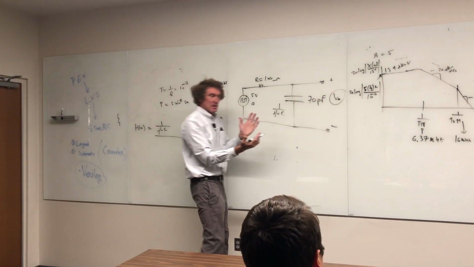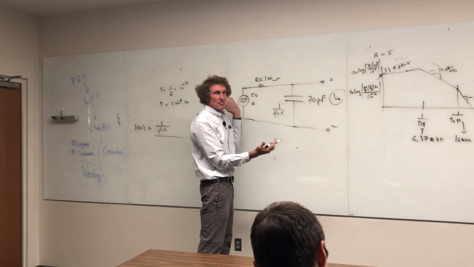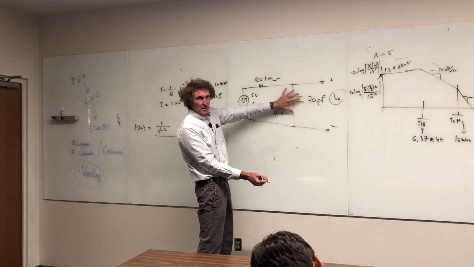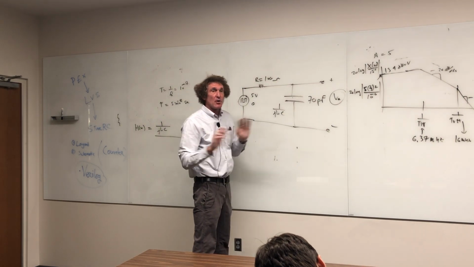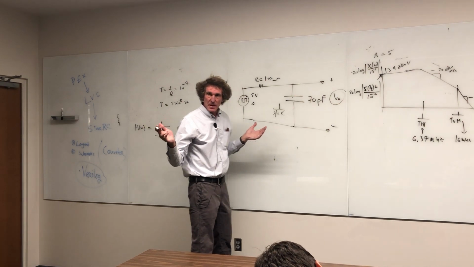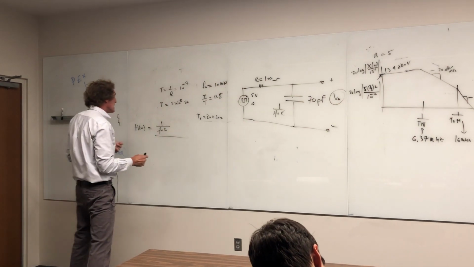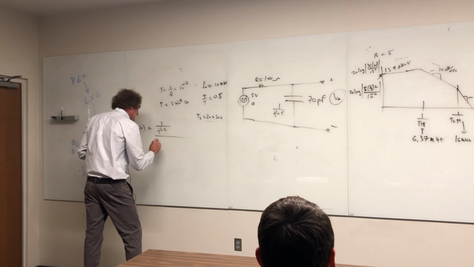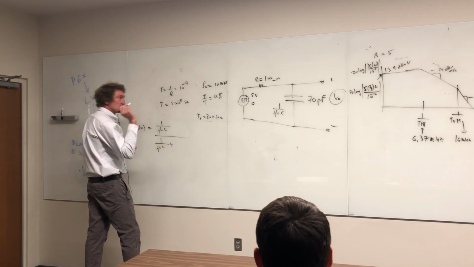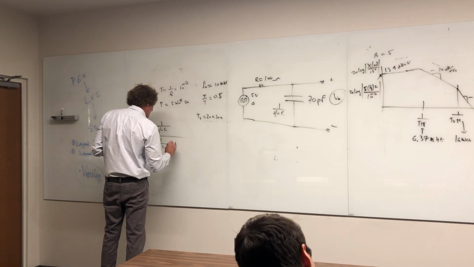When I take a look at the output voltage to input, it's simple voltage division, right? Impedance of this divided by impedance of the sum of these two, regardless what the elements are. Doesn't matter if they're inductors, capacitors, or resistors, right? As long as it's impedances you're adding. So I have 1 over j omega c divided by 1 over j omega c plus, in this case, r.